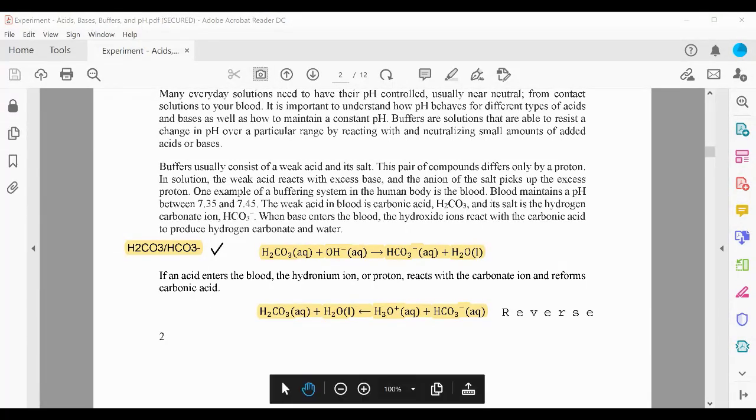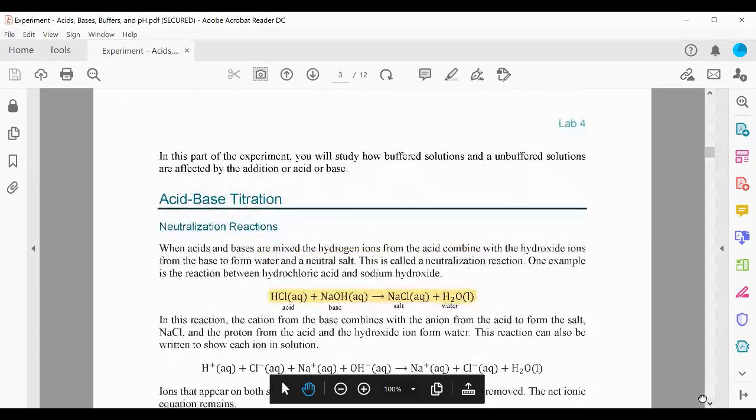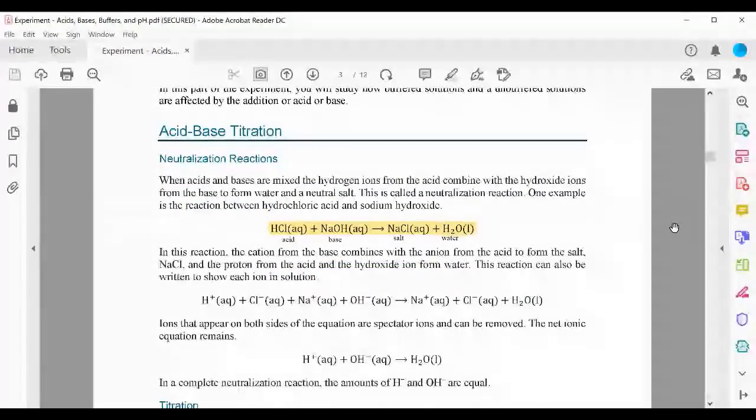Okay, so then we'll go to the next part, which is the acid-base titration. The last part of the experiment is to do a neutralization reaction. What is a neutralization reaction?